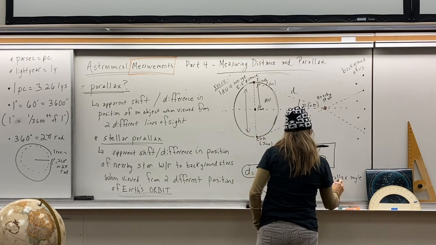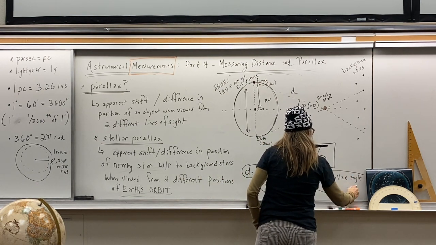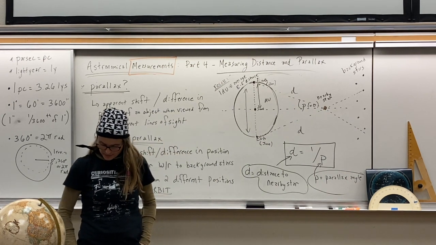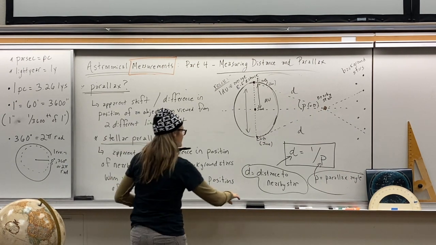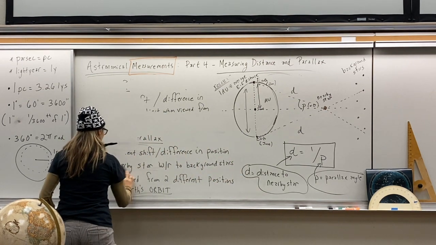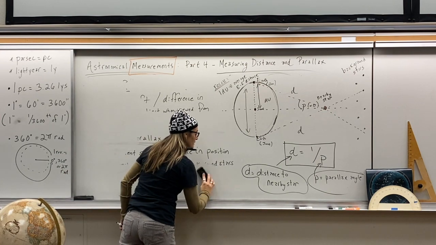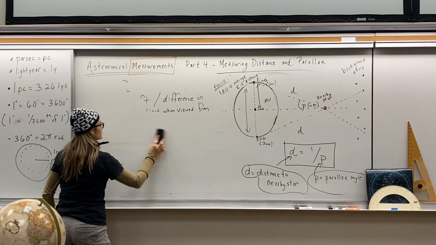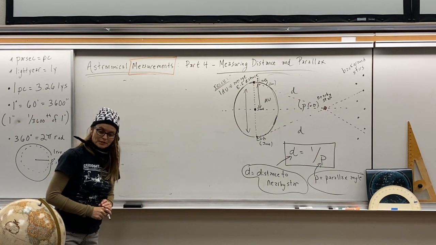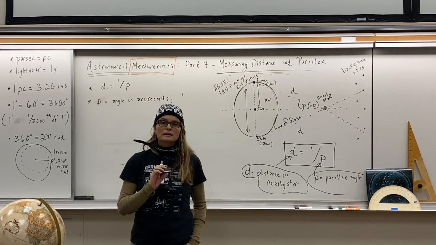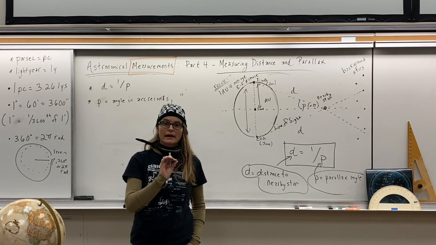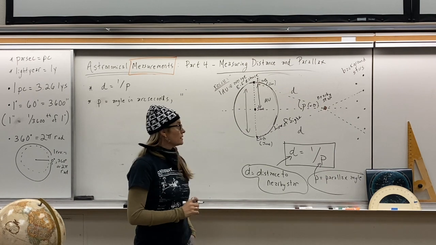Okay. So let's go ahead and take a look at some of these measures, and look at the dynamics of this formula a little further, and its roots with angular measures. Okay. Looking a little bit more into this parallax angle distance relationship.